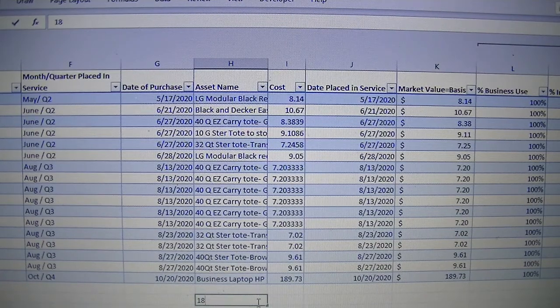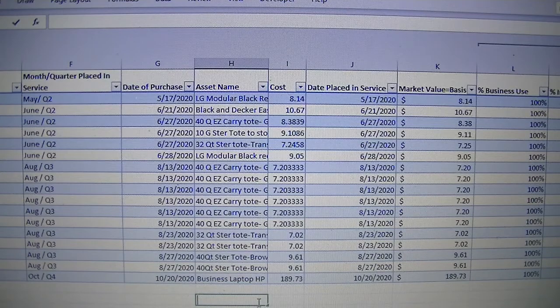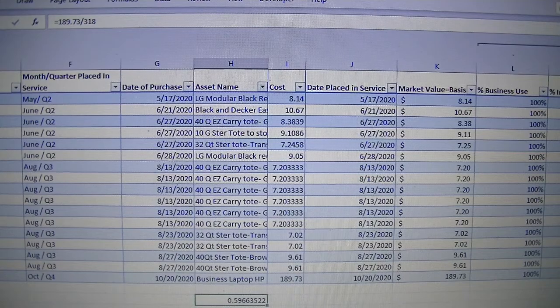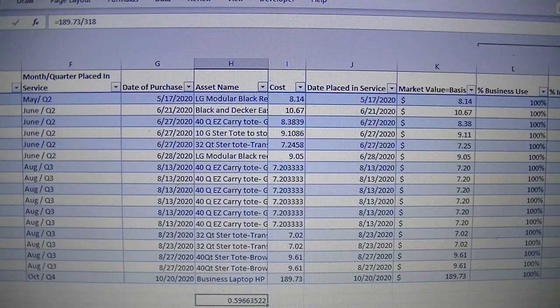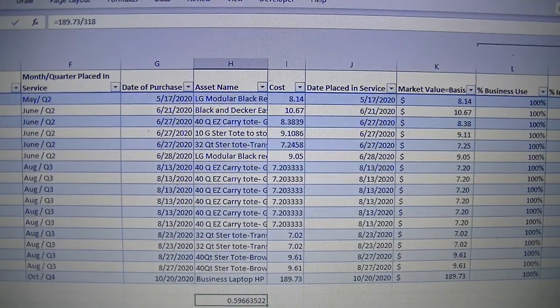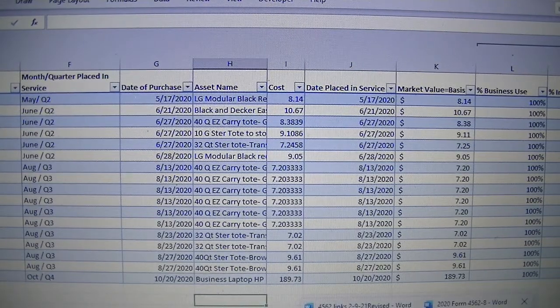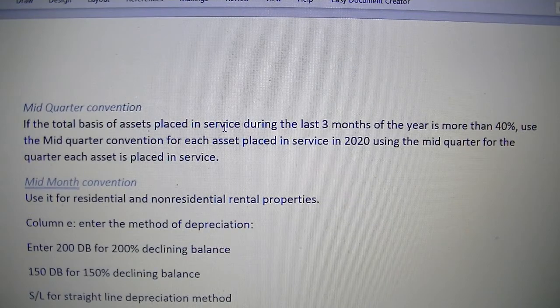So 189.73 divided by 318 is almost 60%. So 60% of the total cost of assets placed in service in 2020 belongs to the last quarter of the year. Automatically, that'll be a mid-quarter convention. That will be used.